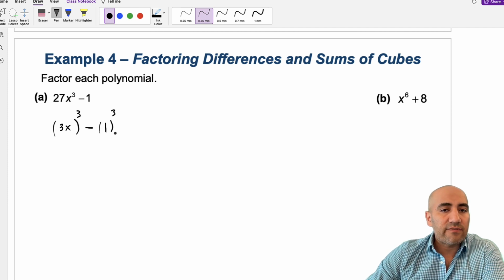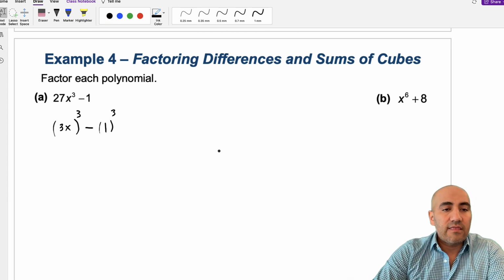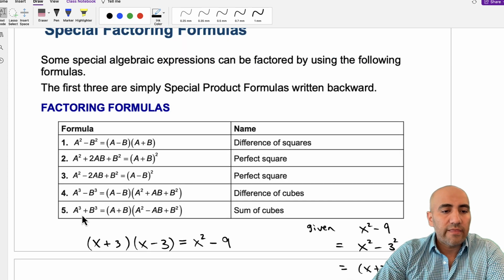So we have a difference of cubes here, something cubed minus something cubed. Now if we look at our little pattern, when we have a difference of cubes, they fit this form: it's going to be (a minus b) times (a squared plus ab plus b squared).